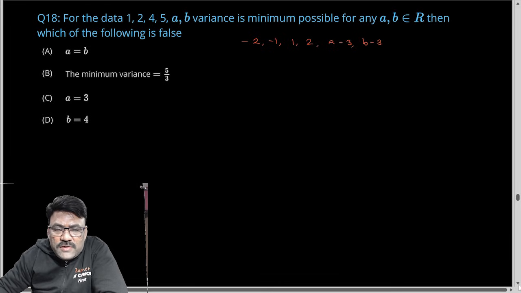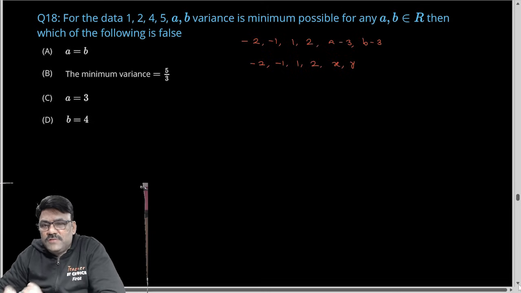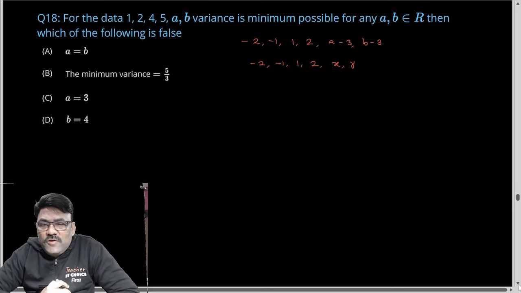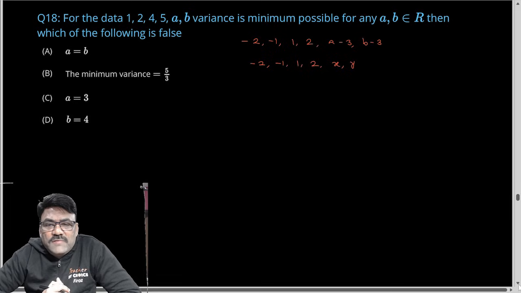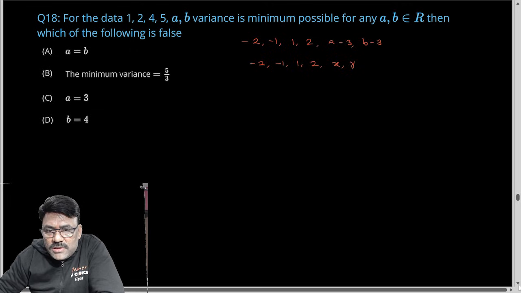So now I can say that my 6 observations are -2, -1, 1, 2, and let's say x, y. So the variance of these will be same as the variance of these 6 numbers.